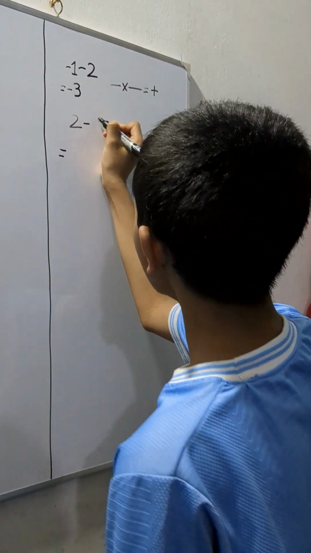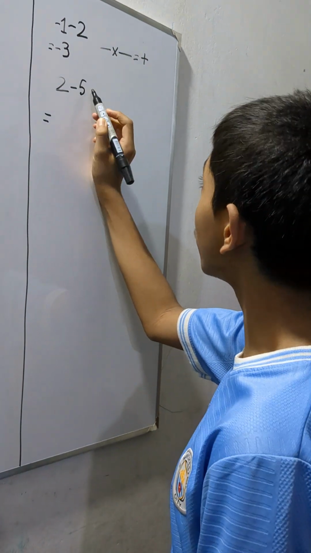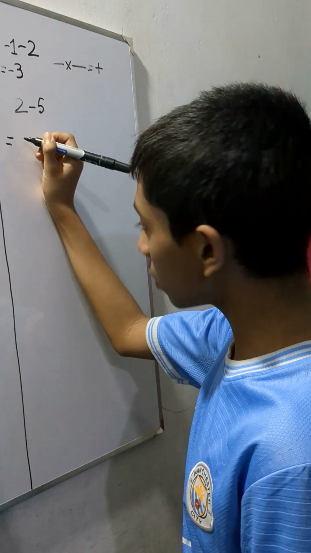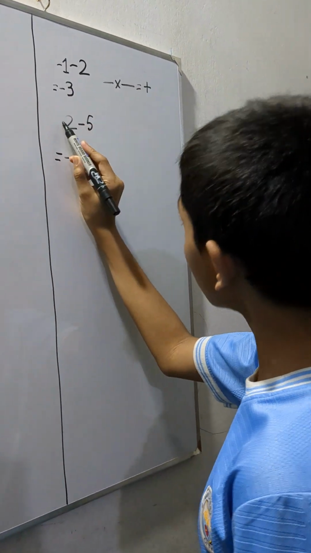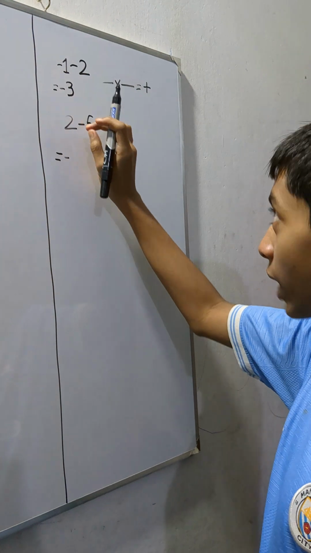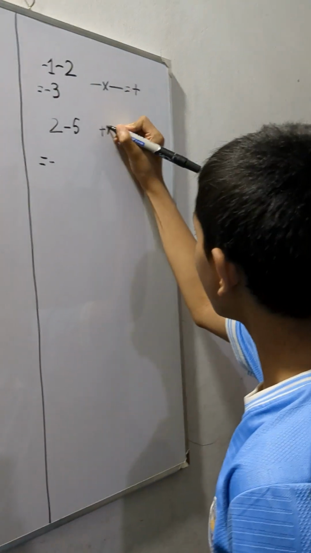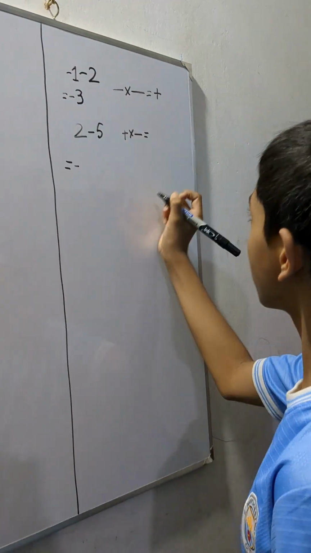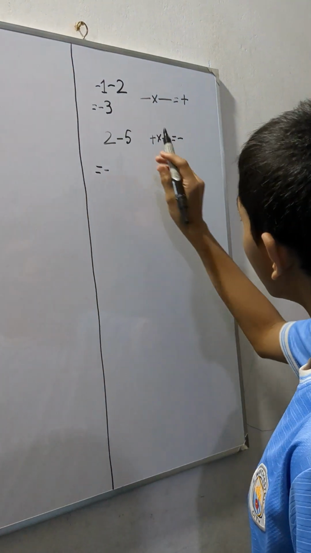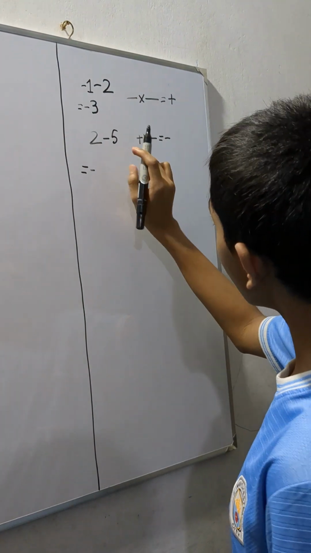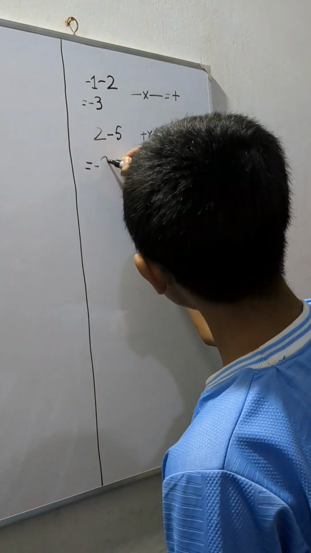Then 2 minus 5, as you know, before 5 here's a minus sign, so our result will be in minus. Then before 2 here's nothing, that means here's a plus sign. So if we multiply plus and a minus, then the result will be minus. So we will subtract this math. If we subtract 2 from 5, then it will be 3.